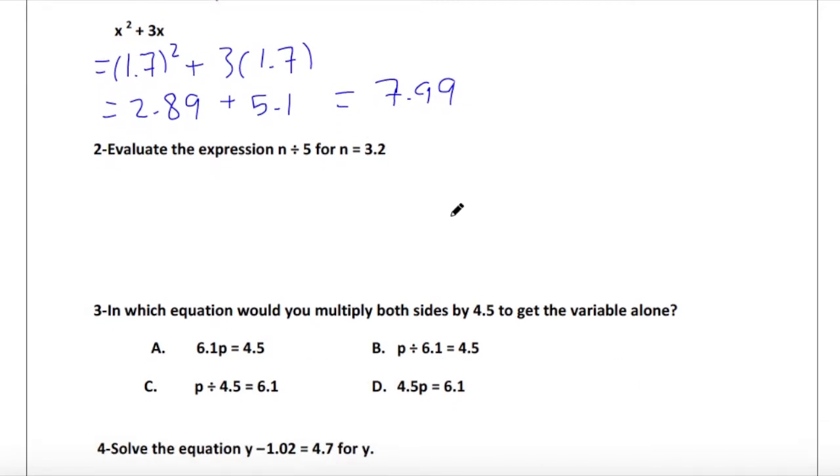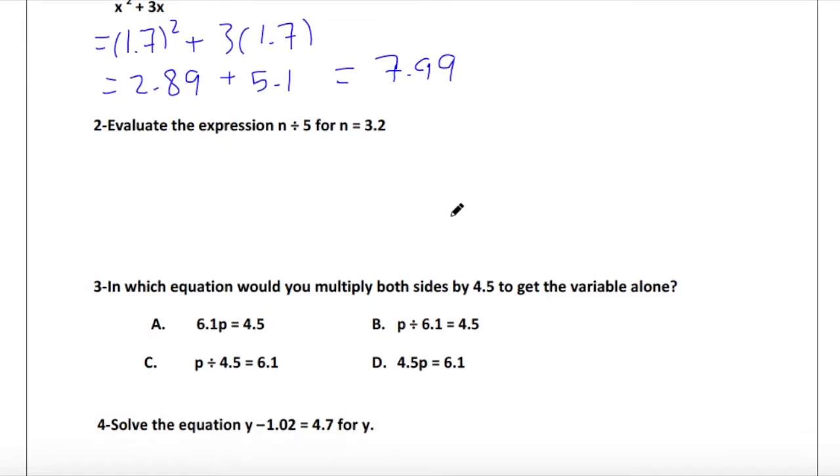Next one, evaluate the expression n divided by 5 for n equals 3.2. So substitute for n, 3.2 divided by 5. We take it before and we know how to do it. 3.2 is the dividend and 5 the divisor. 3 cannot be divided by 5, so put 0 and put the point up.